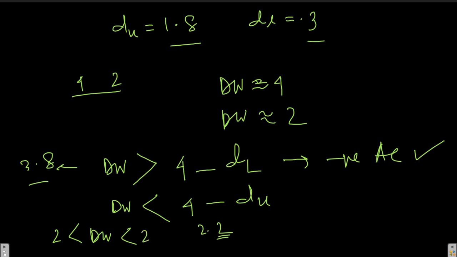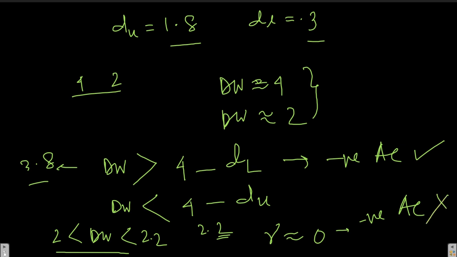I know that for negative autocorrelation, my dw value can range between 2 and 4. Because I know that if my dw is close to 2, my gamma is close to 0, I will say that there is no negative autocorrelation.